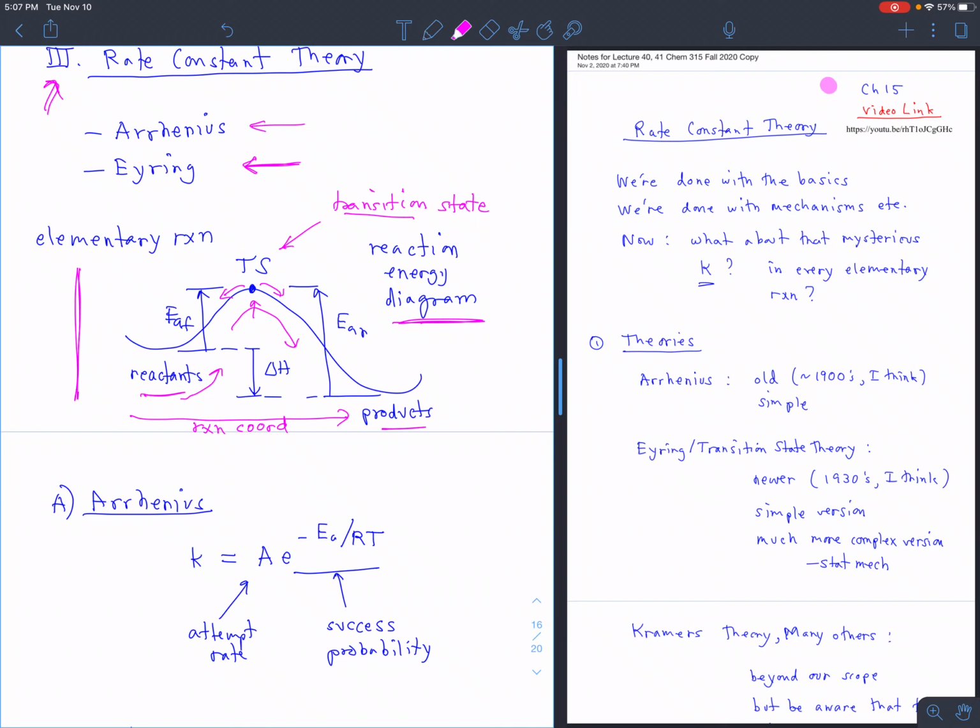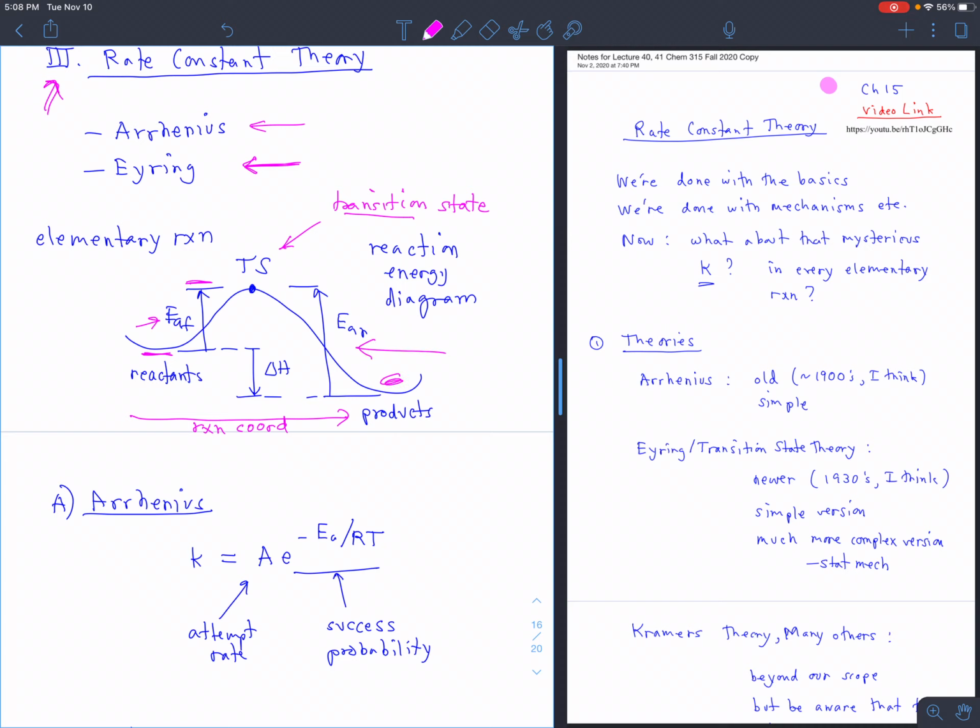The top of that barrier, the height of that barrier, is important for the rate of reaction according to both Arrhenius theory and Eyring theory, and according to intuitive logic too. That height is the difference in energy between the reactants and the transition state. There's an activation energy for the forward direction and also for going backwards, right?